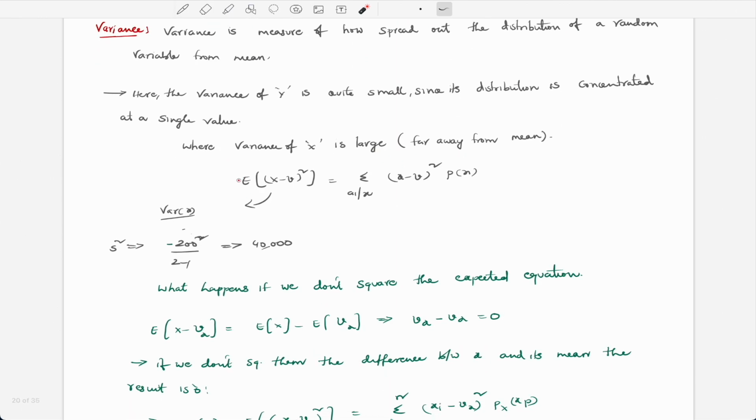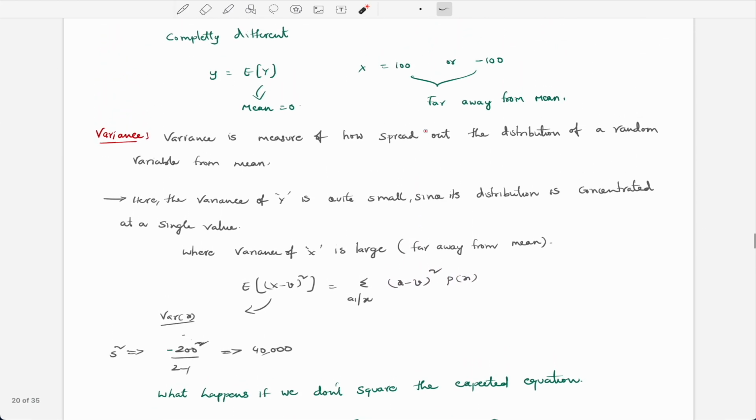So we have a formula here, which is E of (x minus mu) squared. We have seen this is the variance formula, right? The data points minus mu, which is the population formula. Mu is the mean here, and then this is equal to the summation, where we simply multiply with the probability of that.